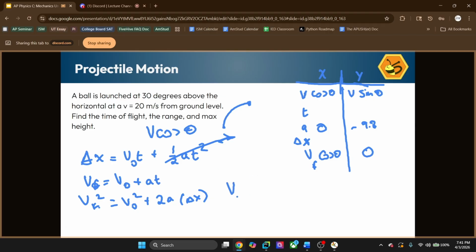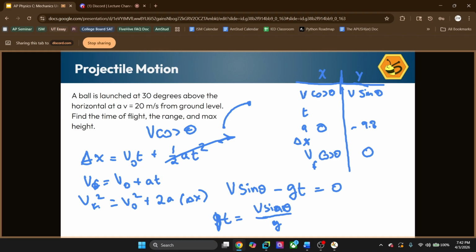So v sine theta minus gt equals 0. Then gt equals v sine theta, and if we divide both sides by g, we get t equals v sine theta over g.